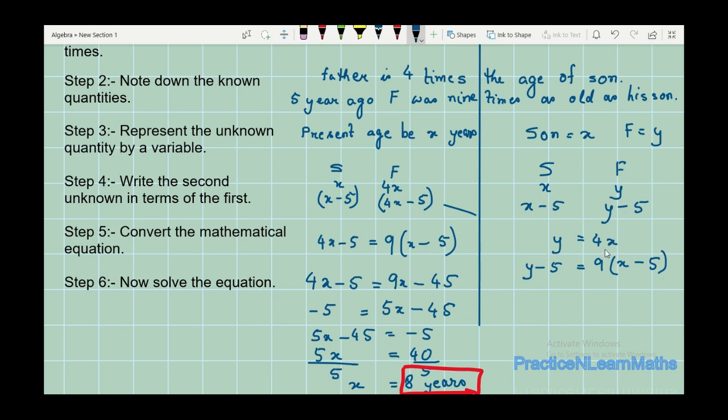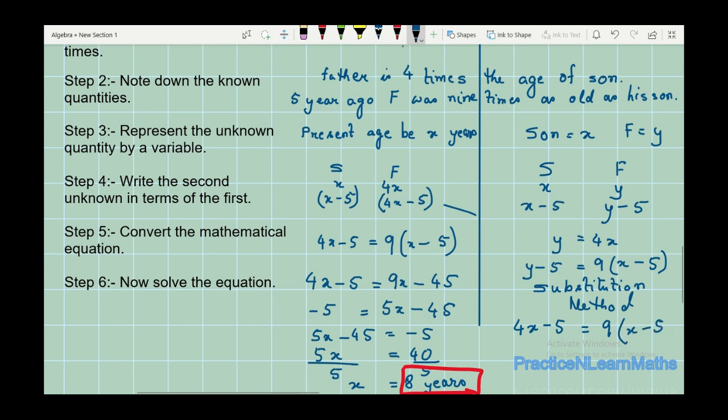Now, since y is equal to 4x, we can always substitute this. We can use the substitution method over here. So, we use the substitution method, and we can write 4x minus 5 is equal to 9 times x minus 5.